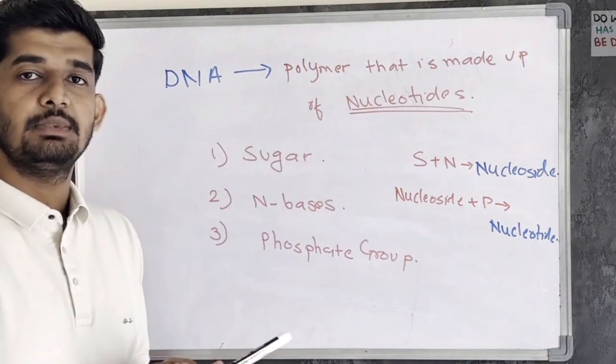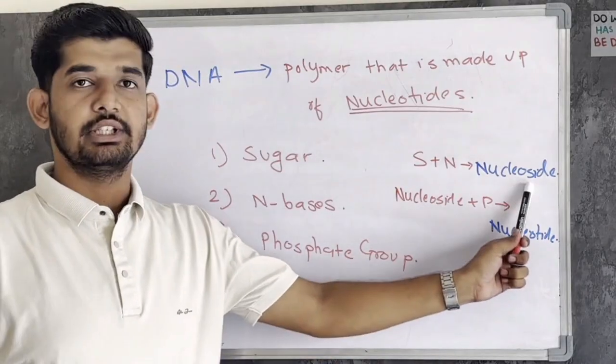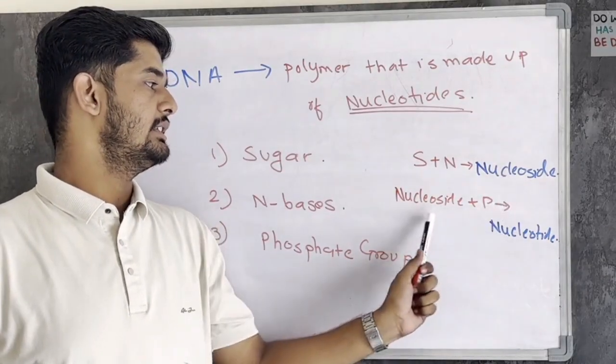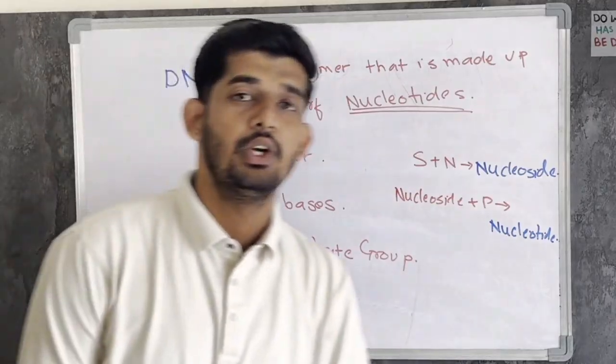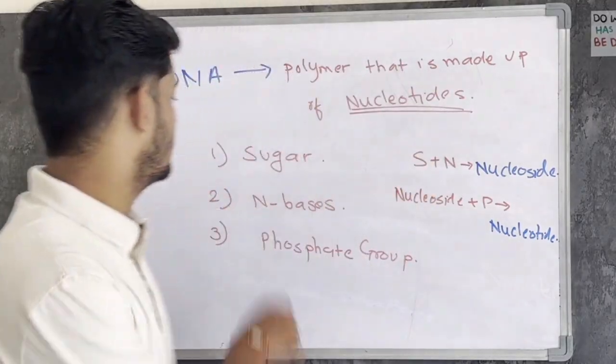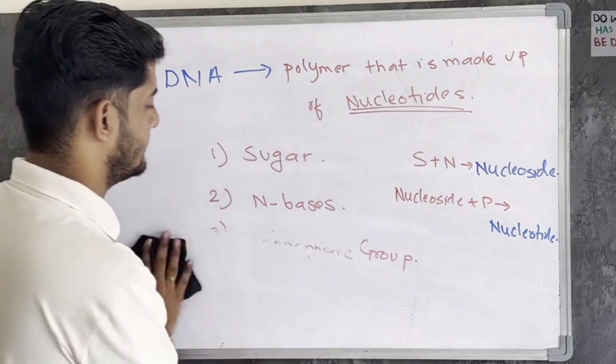So sugar plus nitrogen base gives the nucleoside, and when the phosphate group is added to the nucleoside, it gives us the nucleotide. Now we will see the structure of the sugar, nitrogen bases, and phosphate group.